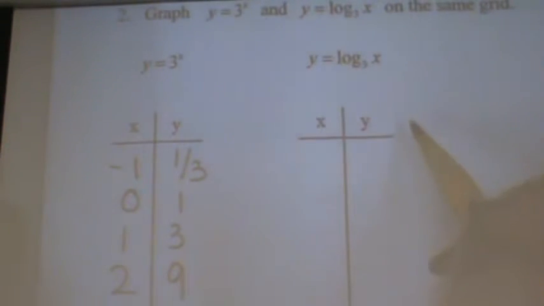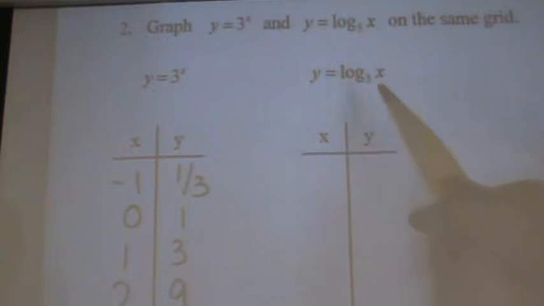Let's see what this looks like. Now, can you tell me the domain and the range of this? The domain is all real numbers, and what's the range? Y is greater than 0. Now, if I ask you to graph this problem, yesterday I taught you how to rewrite this.